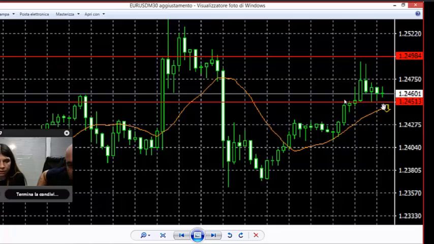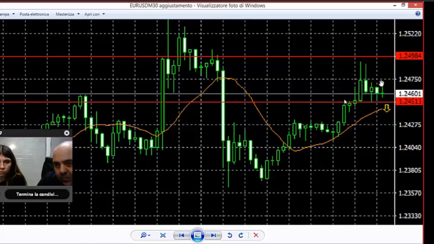Yes, on the line. The red line is basically, as you can see from my tweets, we are interested just if the market moves below or upside.